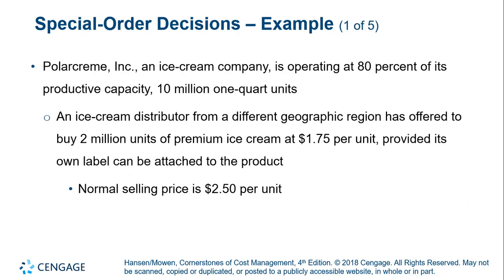Now we have the third, the special order. Example, an ice cream company is operating at 80% of its productive capacity, 10 million 1-quart units. An ice cream distributor from a different geographic region has offered to buy 2 million units of premium ice cream at 1.75 per unit, provided its own label can be attached to the product.